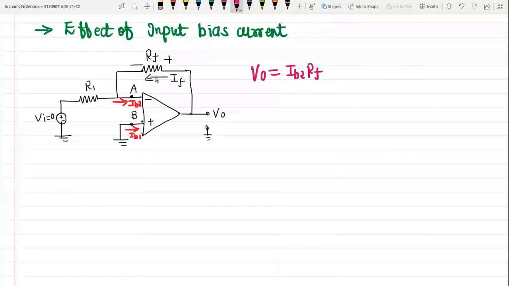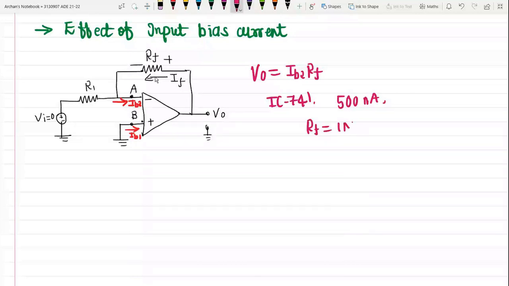Say for example, let us take the case of IC 741. For this IC 741, what is the input bias current? The input bias current is, we know, 500 nanoampere, and suppose the feedback resistance RF has a value of 1 mega ohm. Then what will happen to the output voltage?